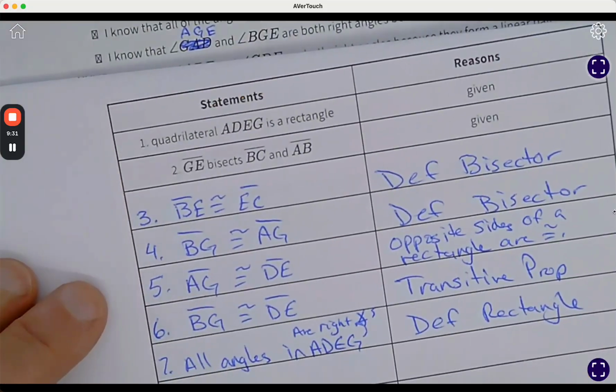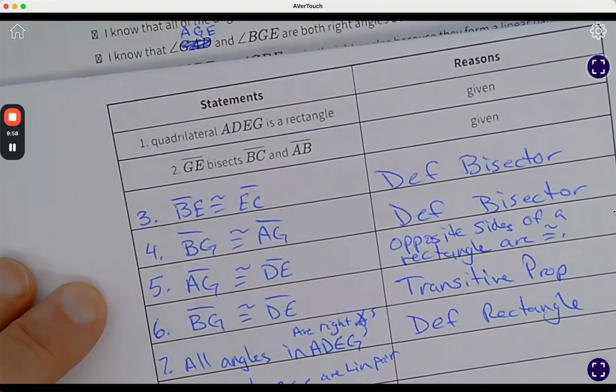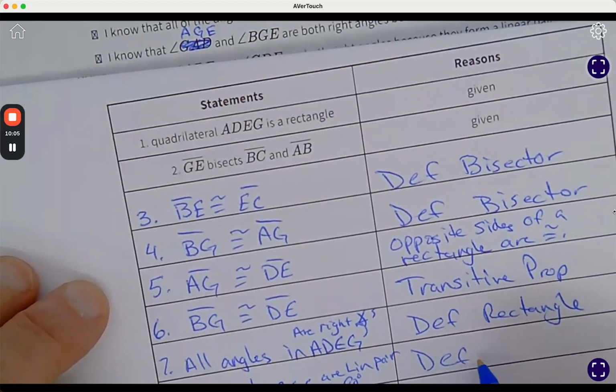Now I know that AGE and BGE are a linear pair. So 90 degrees. And that's a definition of linear pair.